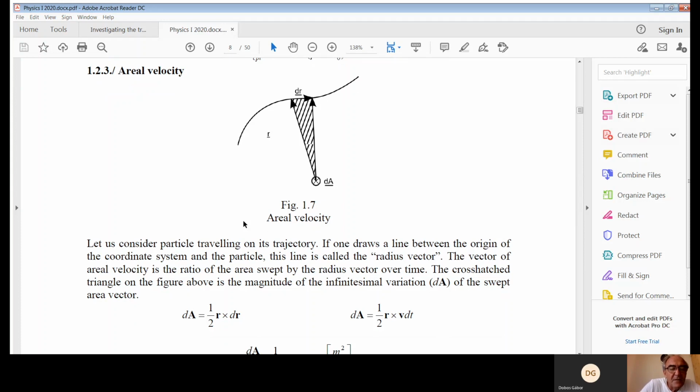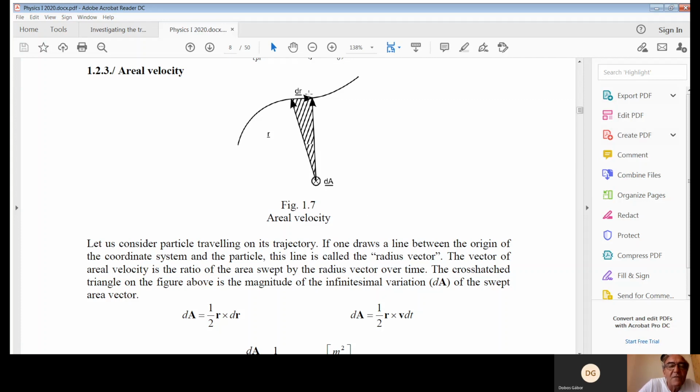So let's consider a particle traveling on this trajectory. This is the trajectory. If one draws a line between the origin of the coordinate system and the particle, this line is called the radius vector. This is the radius vector. The areal velocity vector is the ratio of the area swept by the radius vector over time.